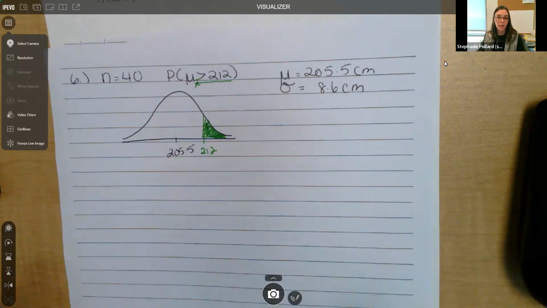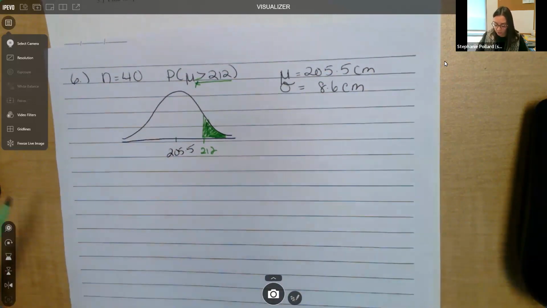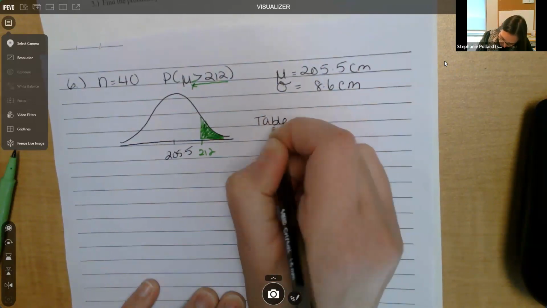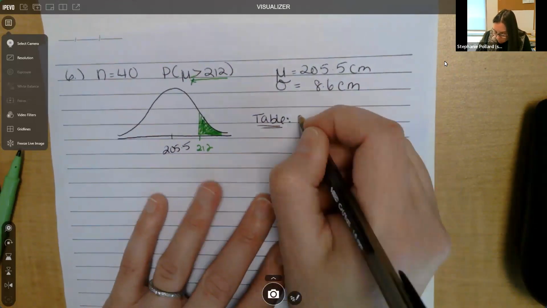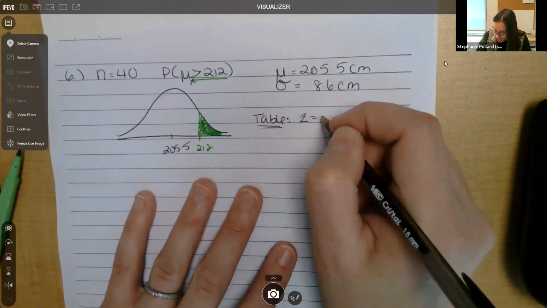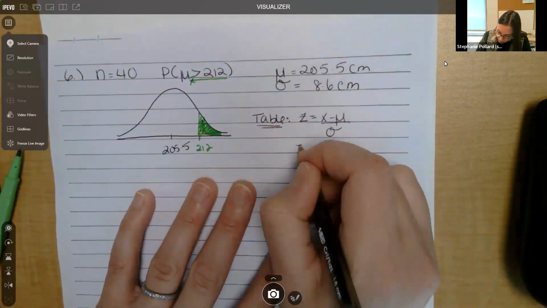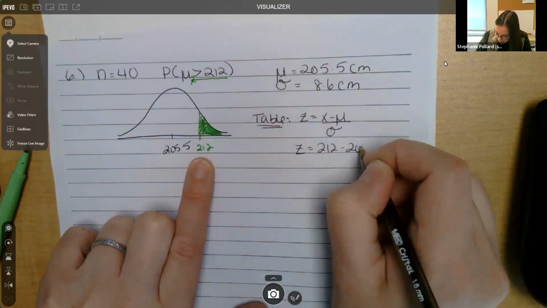Now remember, there's different ways to do this. So if we use the table, we're first going to have to change this to a z-score. So if I use a table, I have to go to a z-score. So I use x minus the mean over the standard deviation. So my x value is 212. My original mean is 205.5.